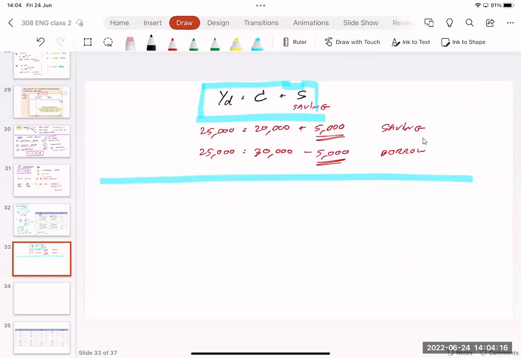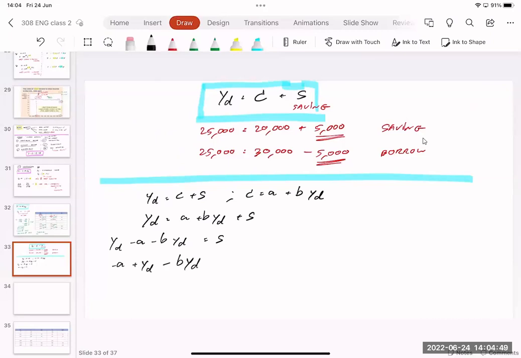Next, I'm going to use this equation: YD equals C plus S. And as you know, C equals A plus B YD. I put it down here. Then I get YD equals A plus BYD plus S. Rearranging the equation, I get YD minus A minus BYD equals S, which is minus A plus YD minus BYD equals S. I can take YD out of the bracket.